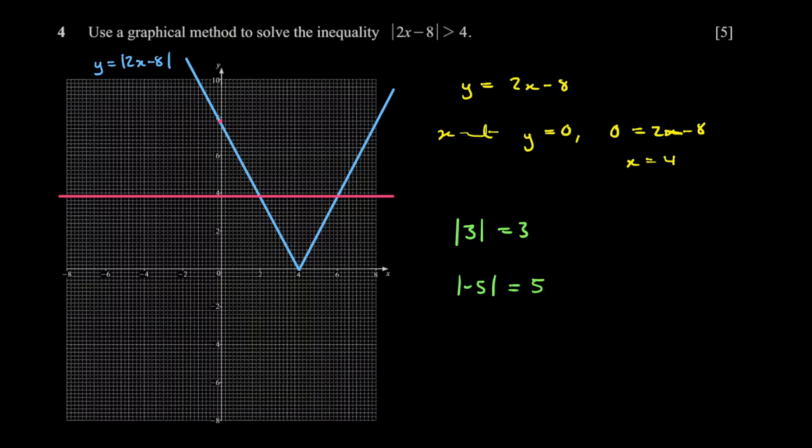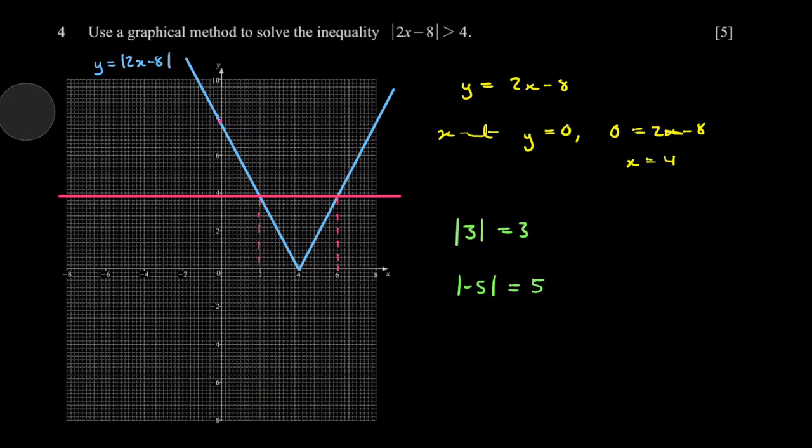Yes, good enough. Y is equal to 4. And so what are we saying? Well, where is the graph greater than 4? Well, it's going to be this part of the graph, and it's going to be that part of the graph. Okay, and probably what you can do is you can just read down. If you've got a reasonably accurate graph, you can read down there and go, okay, that looks like we've got 2. You can read down from here and go, okay, that looks like we've got 6.